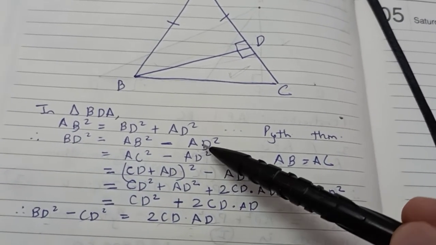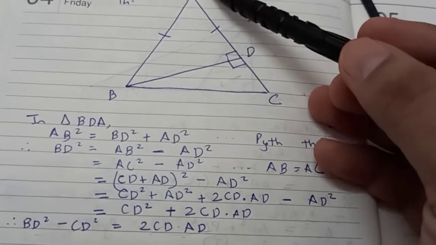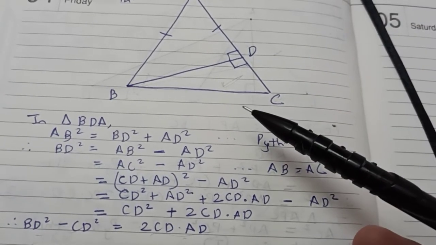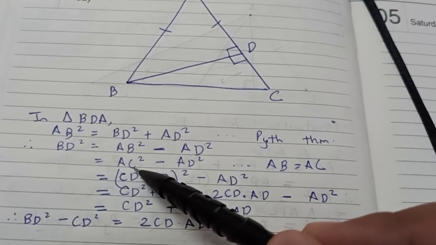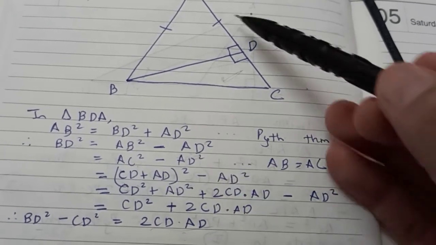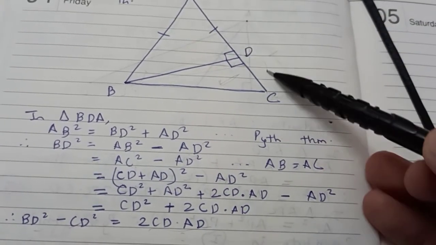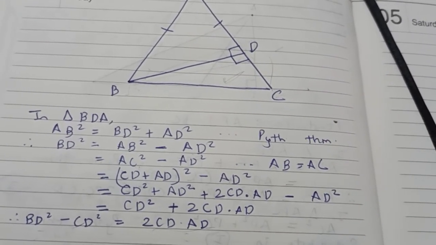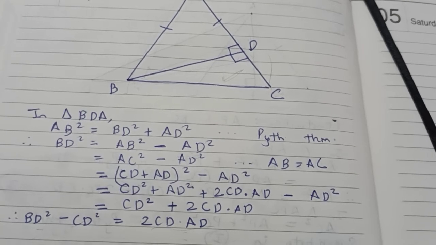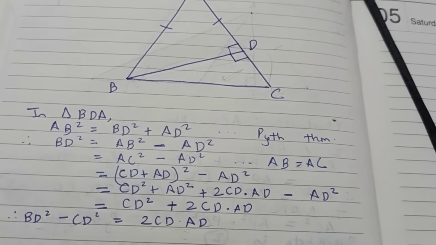Fine. Now we know that AB is equal to AC. So replace AB by AC. Why? Because now AC is actually AD plus DC. And in the question, if you see, the RHS has AD as well as CD.